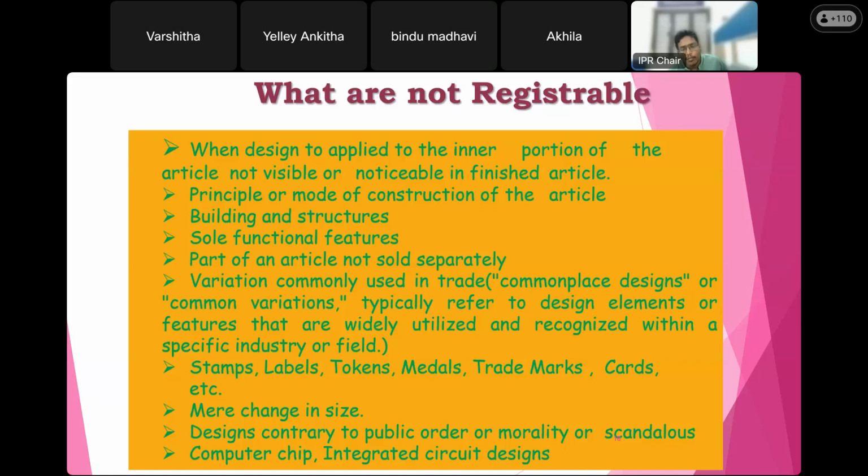For example, geometry and shapes: whatever is common in a specific industry, you cannot ask for design registration because they are very common. Also stamps, labels, tokens, medals, trademarks, cards, etc. All these things you cannot ask for design registration because they are very common.